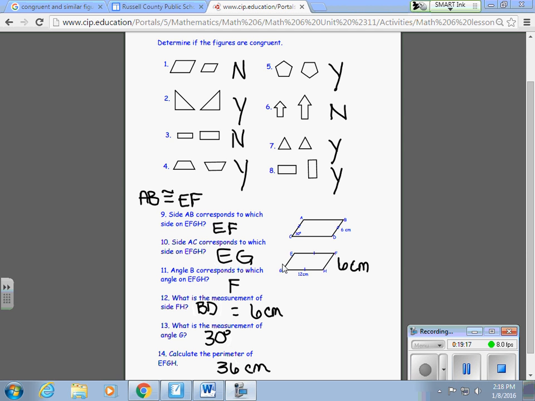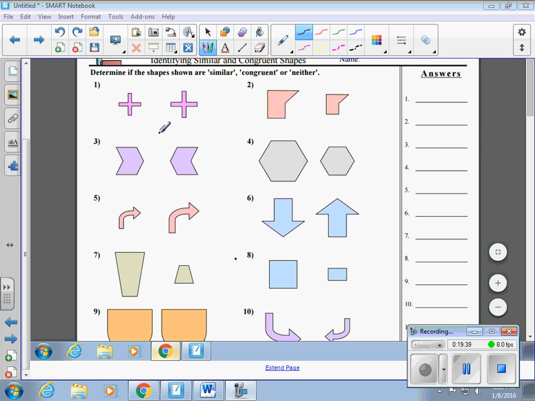Okay, 12 is at the bottom side, and 12, and add that. That's correct. I would add all sides together. Or I could have done my formula, 2 times the sum of 12 plus 6, which would have still given me 36.